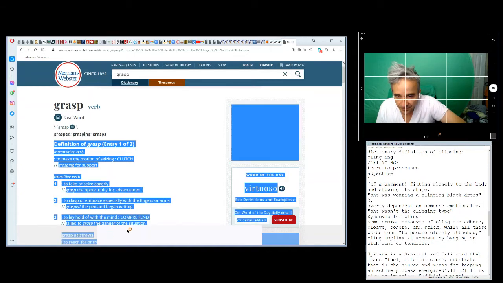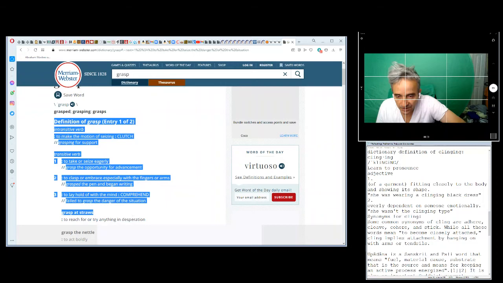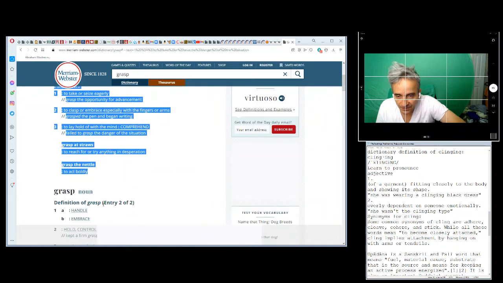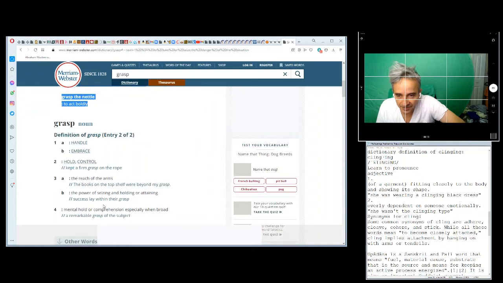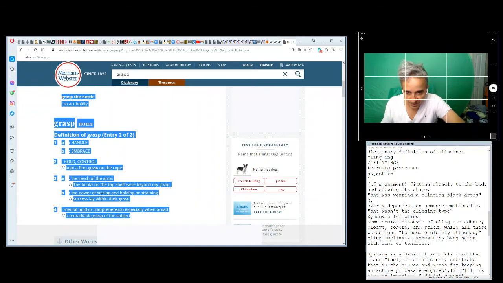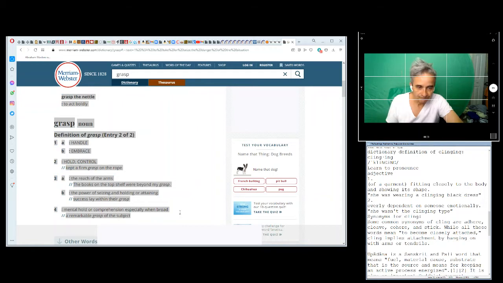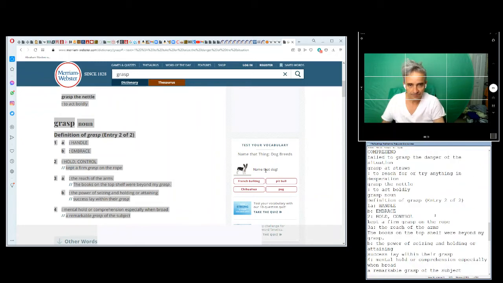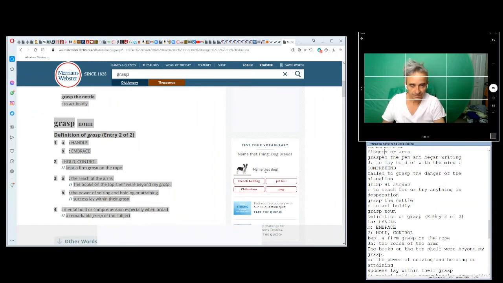Okay, from there. Grasping. What is to grasp? What is grasp as a noun? The Merriam-Webster Dictionary. Grasp.